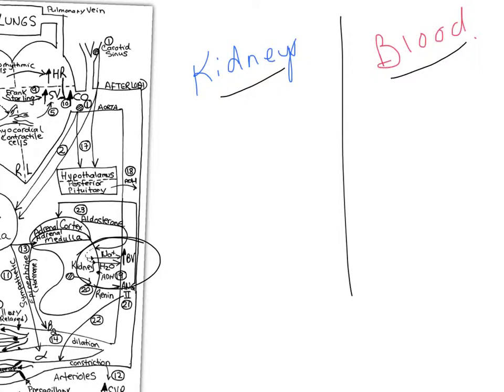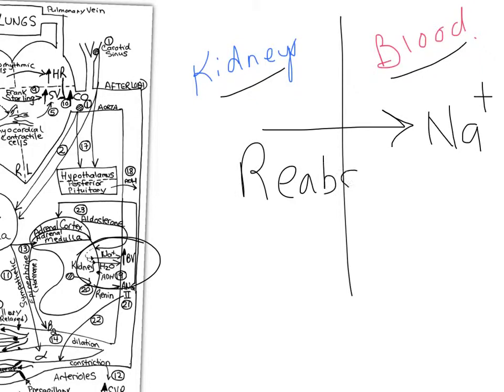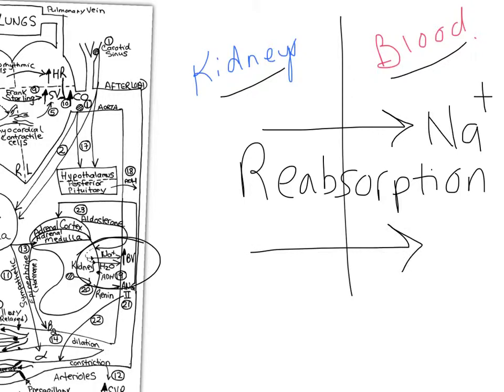What I specifically want to talk about right now is the movement of sodium going from the kidney back into the blood. This movement from kidney to blood is called reabsorption. So we can have the reabsorption of sodium back into the blood, and this is going to lead to water following.